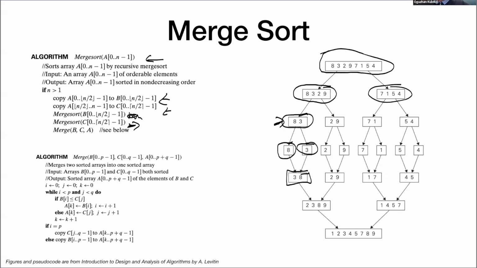Okay, now I have this part. So that means the left child of this node is already done. So I will focus on the right child. I will come here, and then I will go here, and then this will happen. Since these are just one element each, I will merge them, and I will have 2 and 9.